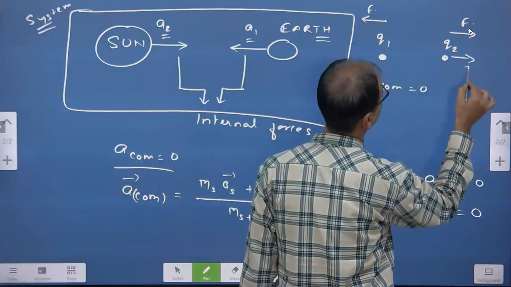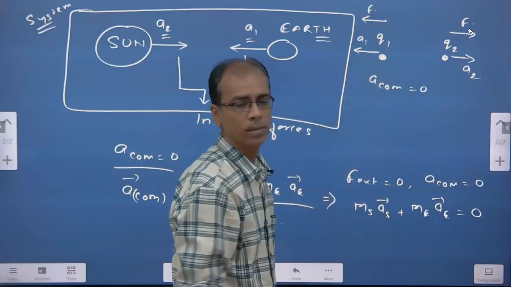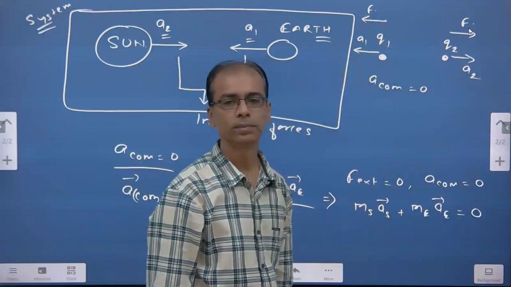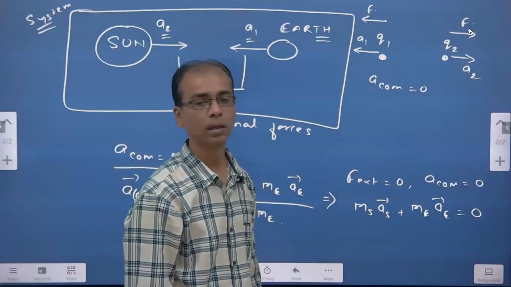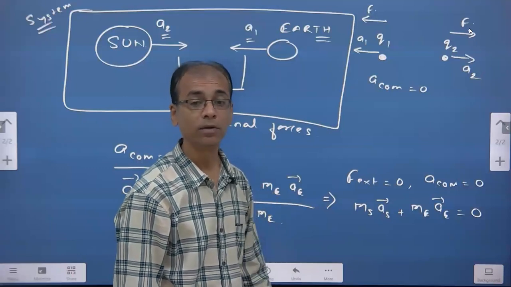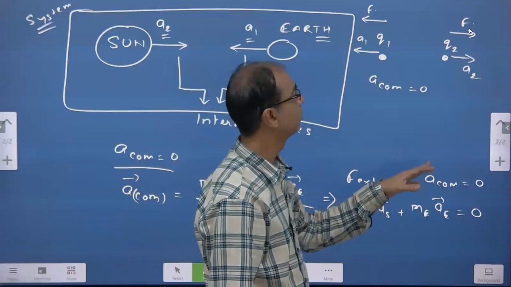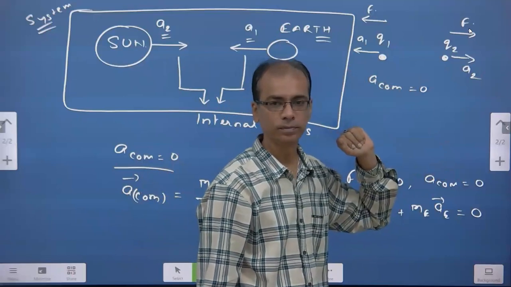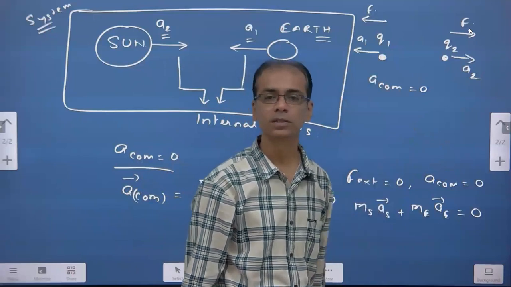This will move in this direction with A2, and this will move in this direction with A1. Action on Q2, reaction on Q1. So electrostatic force forms an action-reaction pair. Gravitational force forms an action-reaction pair. Magnetic force forms an action-reaction pair. So if acceleration of center of mass is 0, the particles can still move. They move in such a way that the acceleration of center of mass is 0.